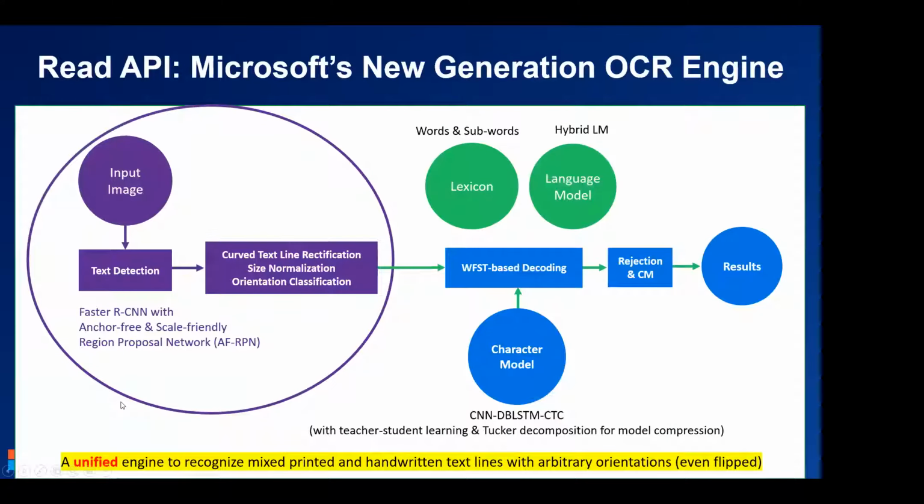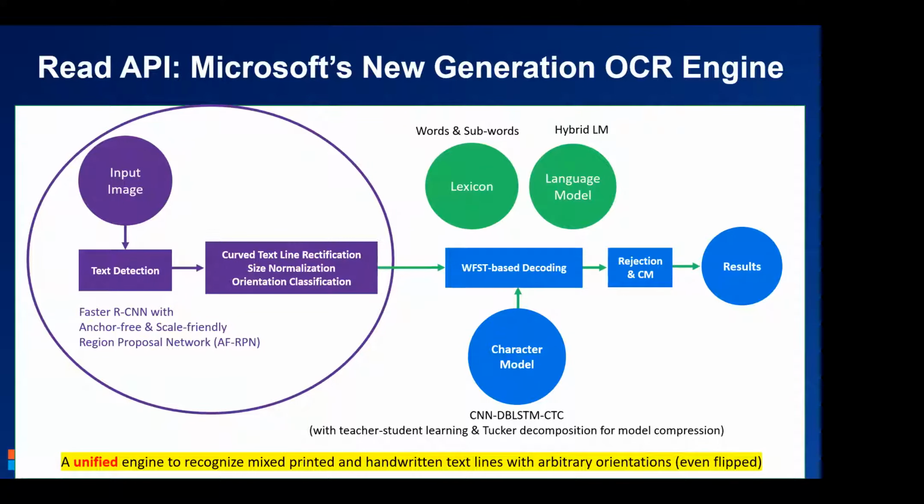So this diagram shows the flow of the Read API. We take an input image. Our first step is to run text detection. We then rectify and normalize the detected text lines into standard height but variable length images.